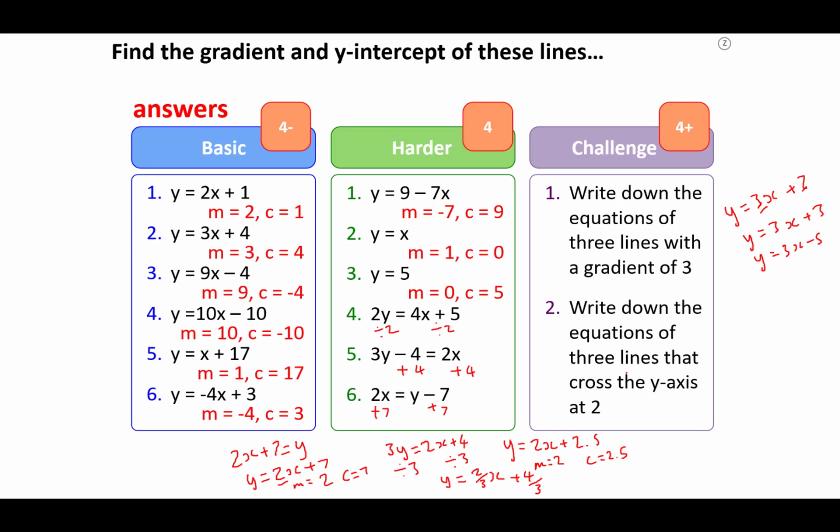For lines that cross the y-axis at 2, you could have these. That would work, because c is 2 here. That would work, because the y-intercept is 2 in all those cases.